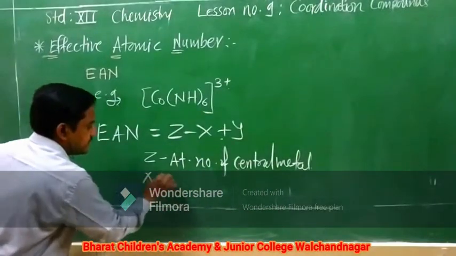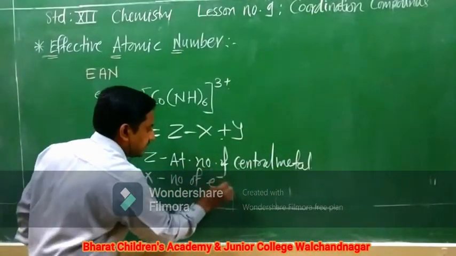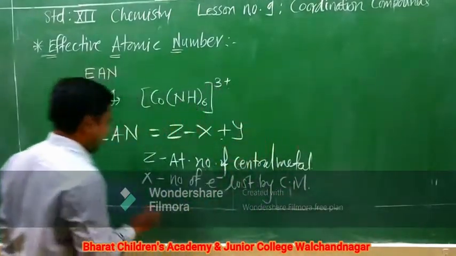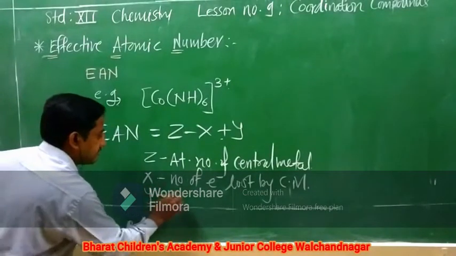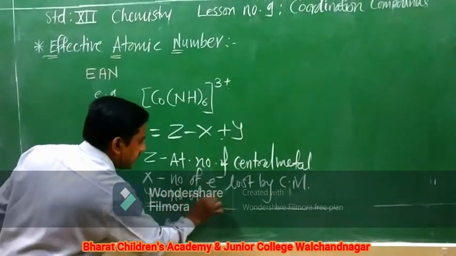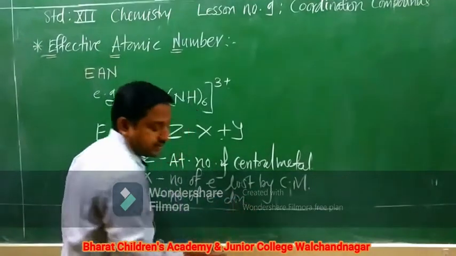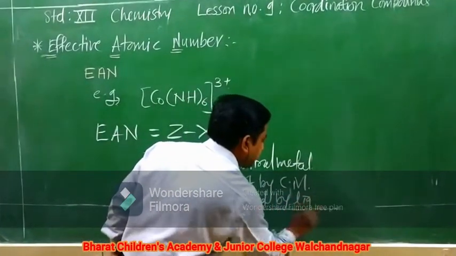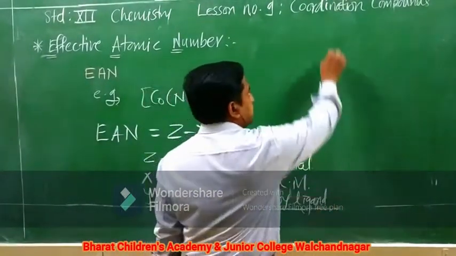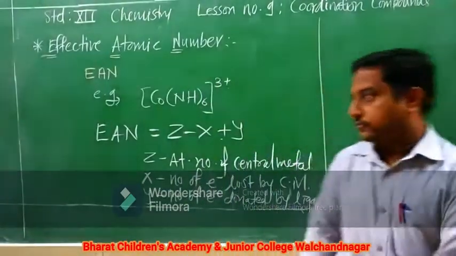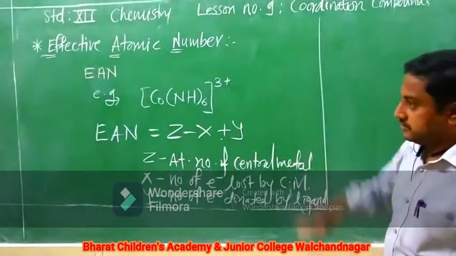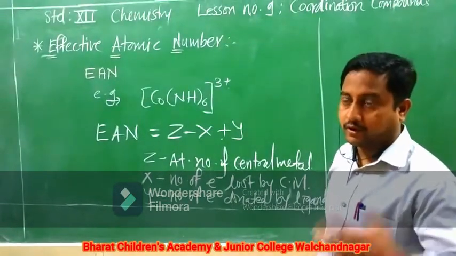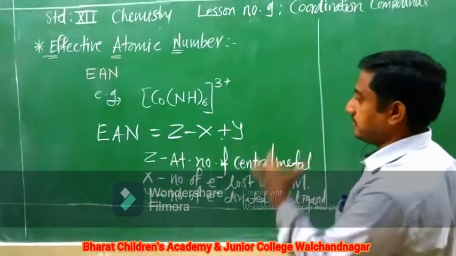X is number of electrons lost by central metal, and Y is nothing but number of electrons donated by ligands, or even you can say number of electrons accepted by the central metal. So we'll try to find out the effective atomic number in this case, and if it is near to that of the atomic number of the noble gas, then you can say this particular complex is stable complex.